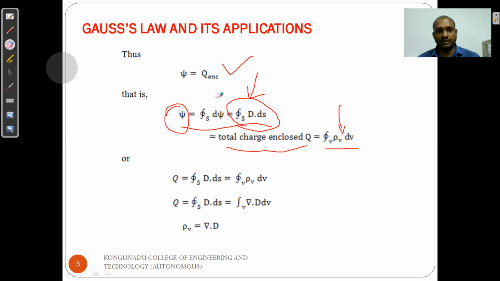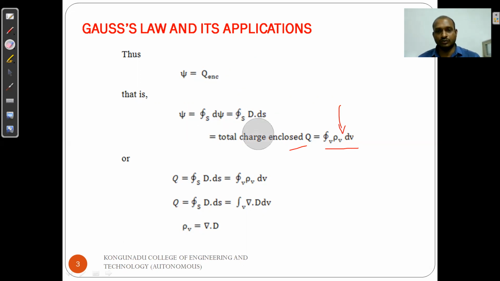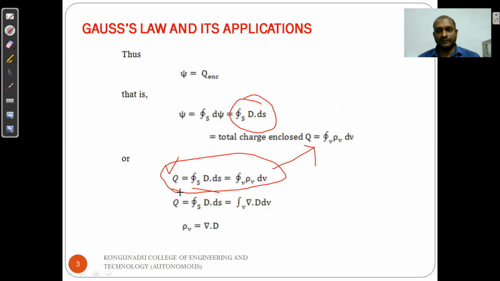Based on the above expressions, we write Gauss law as Q is equal to the surface integral of D dot dS, which is equal to the volume integral of ρV dV.